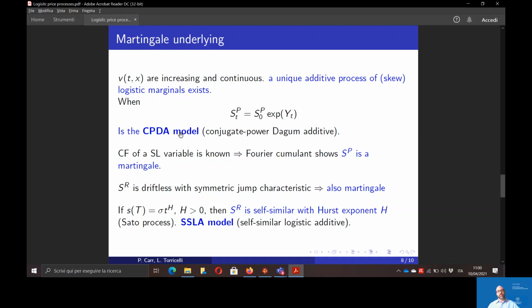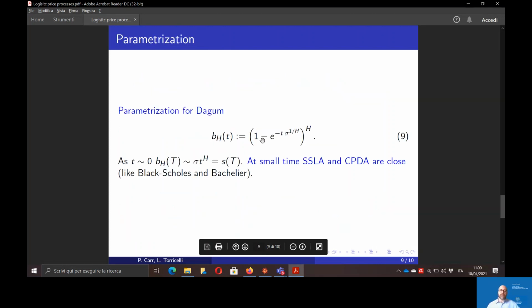We call the two models the CPDA model, conjugate power Dagum additive, and the second model, the symmetric logistic additive model, which has, in addition, a self-similar specification, taking the term function S to be sigma times the square root of t. Now, for numerical tests, I'll take B, the bounded term structure in the CPDA model, to be something which looks like the self-similar specification in the SSLA, the logistic model, when time is small, or something of this sort.